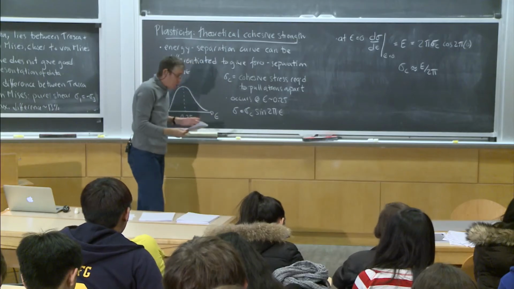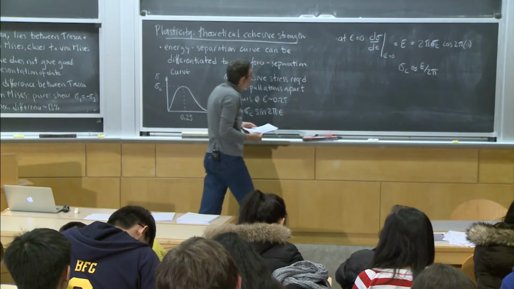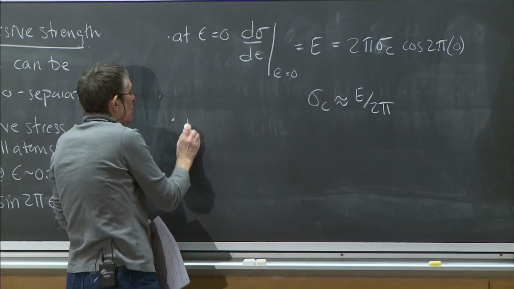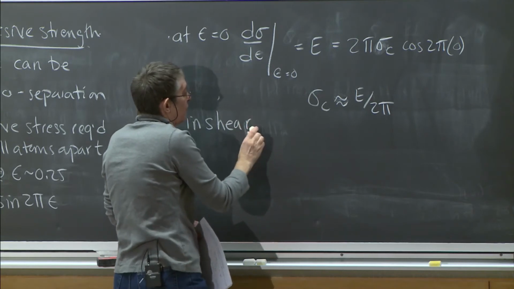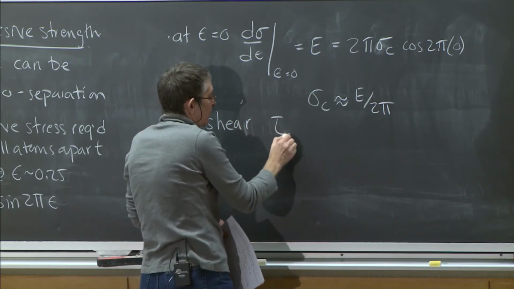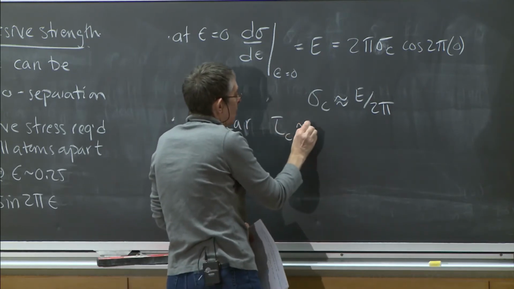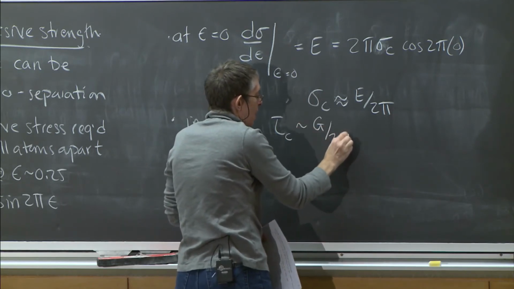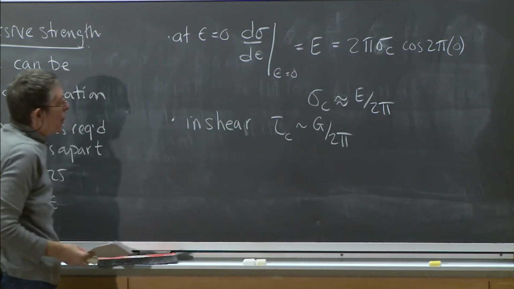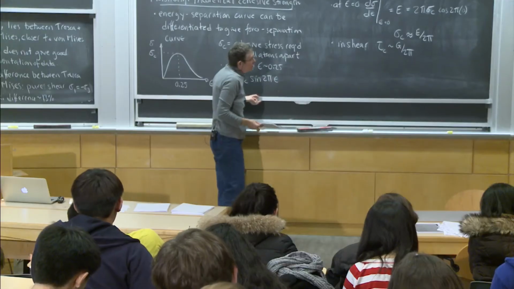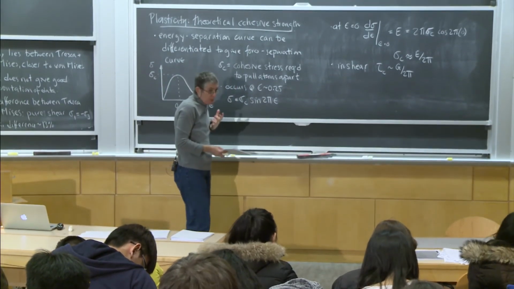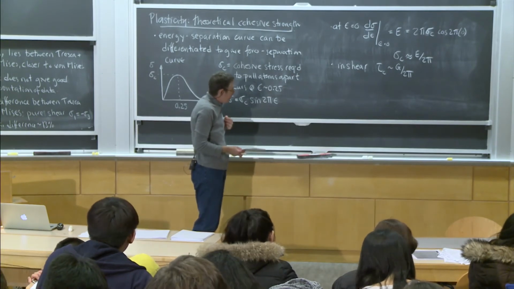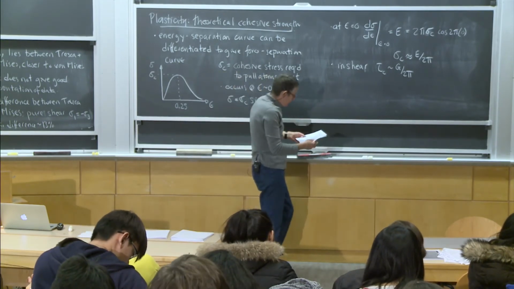And you can do the same thing in shear. You could make the same sort of argument, and in shear you would have a similar expression for a shear strength tau c, and instead of the Young's modulus, you'd have the shear modulus. So it's on the order of the shear modulus over 2 pi. You can use more realistic energy separation curves and get a better estimate.